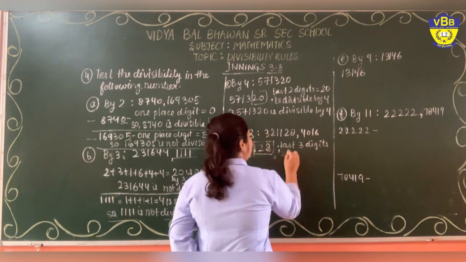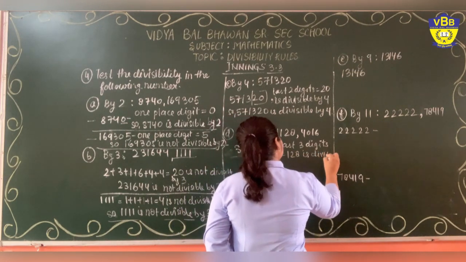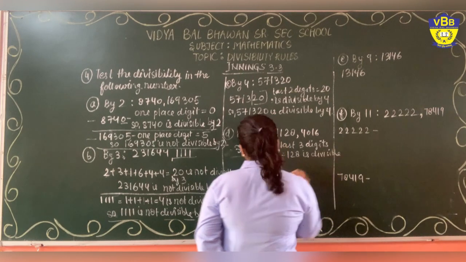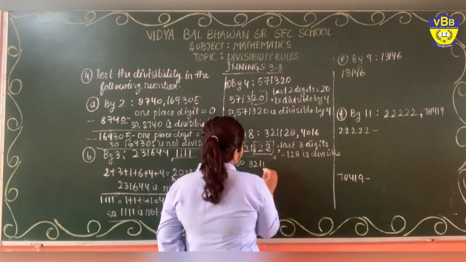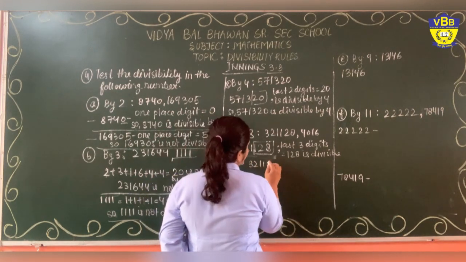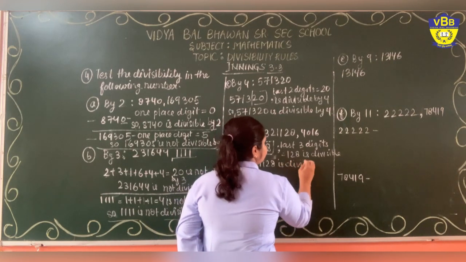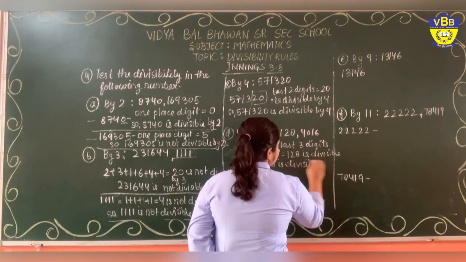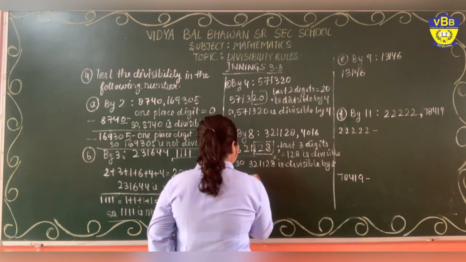So this given number 321128 is divisible by 8.